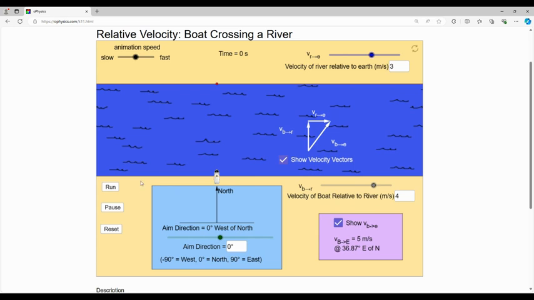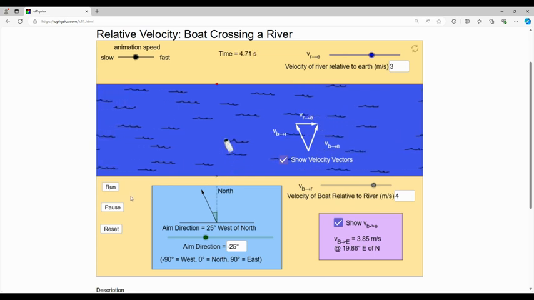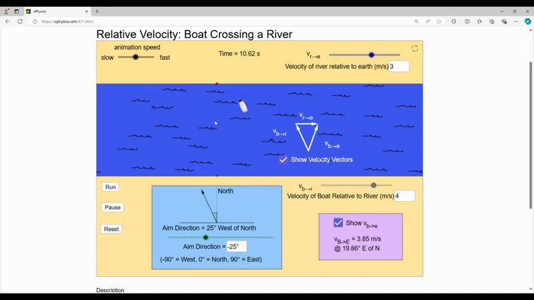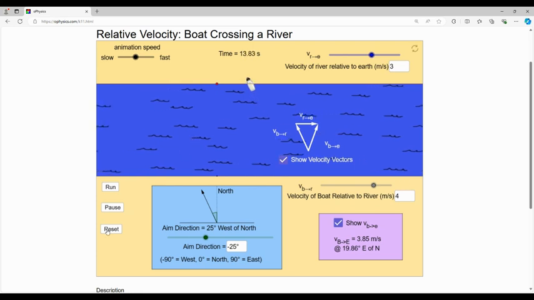We also saw the situation where we wanted to not land farther downstream. In fact, we wanted to turn into the current so that we end up directly across the river. So we can turn ourselves here and we could do something like this and run it, but that wasn't enough. The x component of our heading wasn't enough to stop us moving downriver.